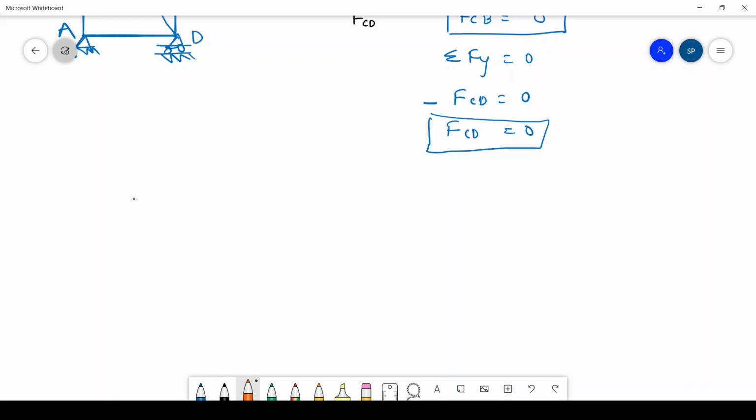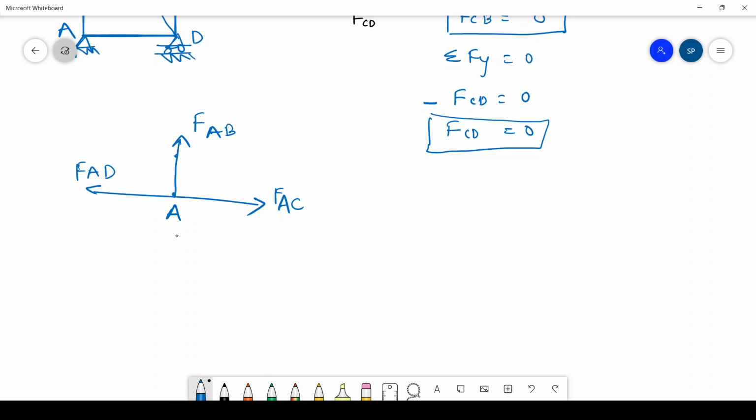Now similar to that, I will show you another typical joint, the inverted T joint. Suppose these are different member forces at joint A: force along AB, force along AC, force along AD.